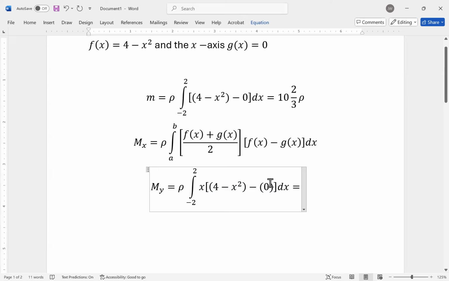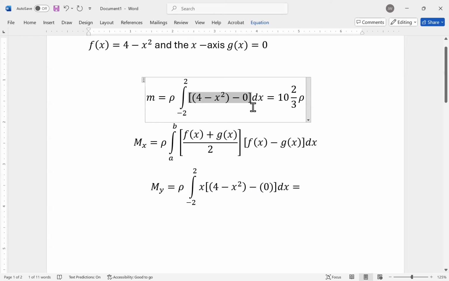This is something I can plug into my calculator as well. If I just press second enter, oftentimes I can just insert the variable x in front of what I had last time. So I wrote this thing last time, and if I just insert an x in front of that, that changes it to my moment about the y-axis.